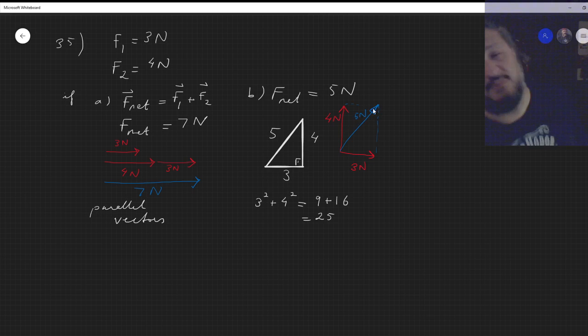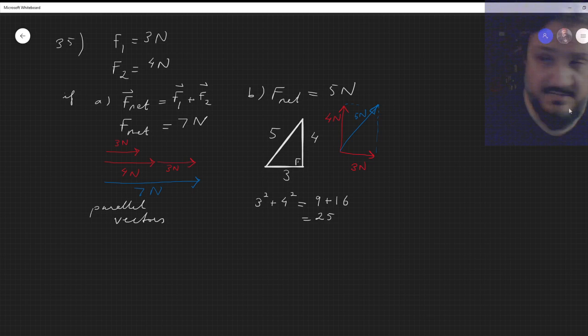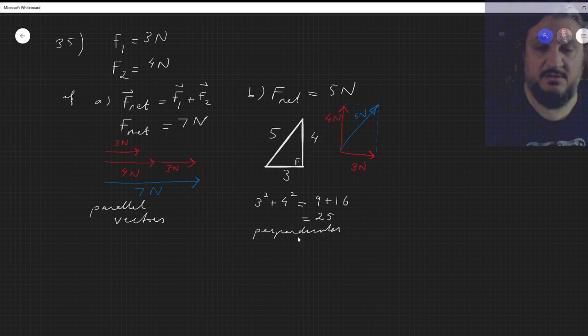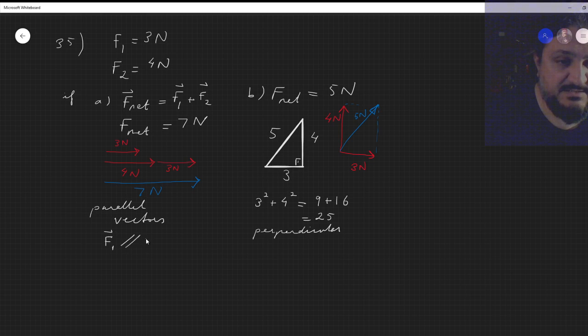And we're done, all right? So the relationship between the angles is that they are perpendicular. You guys know the symbols of perpendicular and parallel? Parallel is this. 2 lines like this. This means they're parallel. If they're perpendicular, you use an inverse T like that. F1 and F2 are perpendicular to each other.